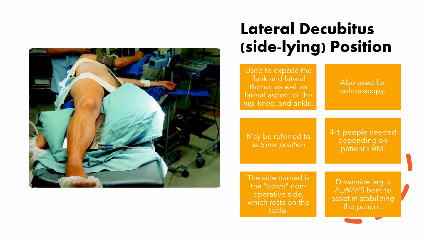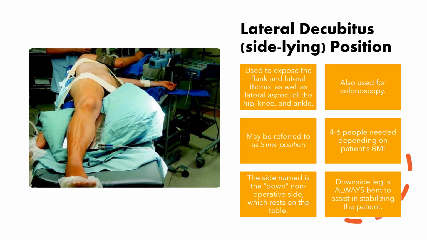So this is going to be left lateral decubitus position. All right, so the side that is in contact with the table, that is how we are going to describe it. So how many people do we need? Well, best case scenario, we should have 4 to 6 people, depending on the patient's BMI.